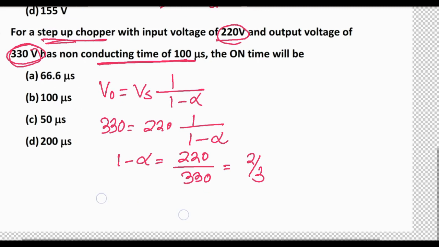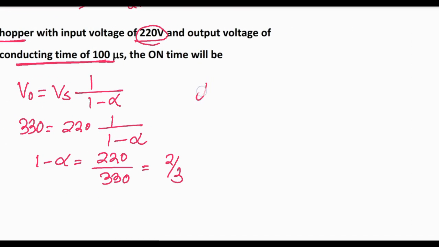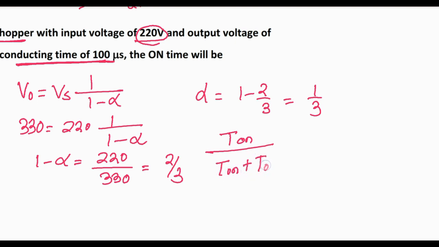So alpha is equal to 1 minus 2 by 3, which is equal to 1 by 3. Alpha means the duty cycle, or turn on time by turn on plus turn off. This is equal to 1 by 3.